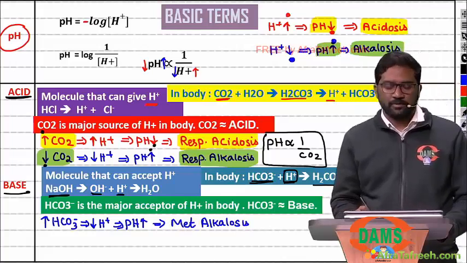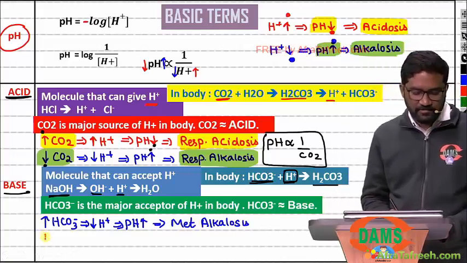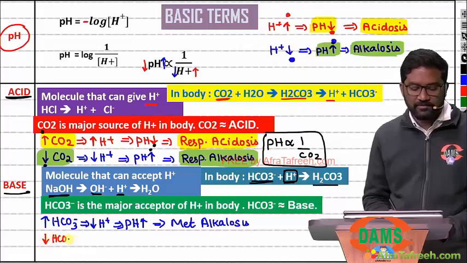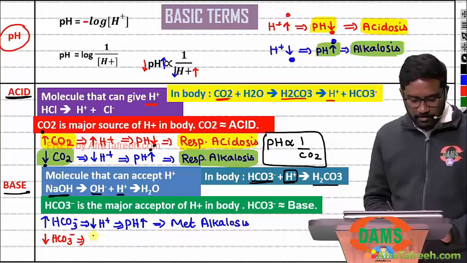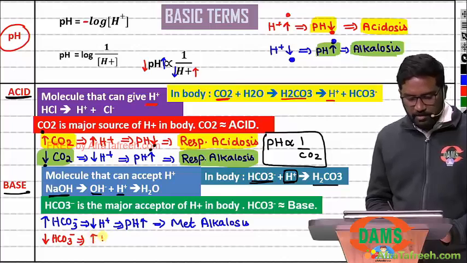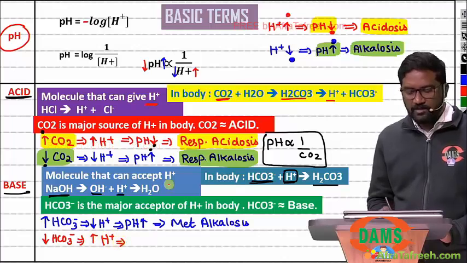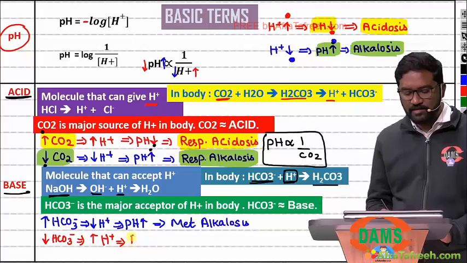Now in your body, because of some disease, bicarbonate has significantly reduced. When bicarbonate is reduced, there is nothing eating those H plus. Automatically there will be a lot of H plus in your body. Whenever H plus increases, pH reduces. Anywhere a reduction in pH is acidosis.